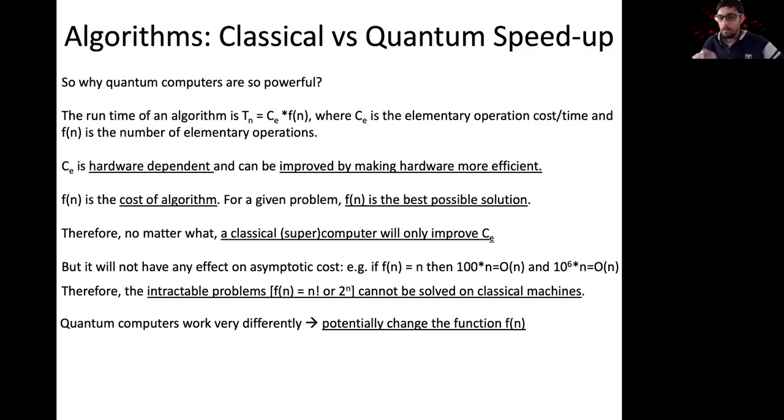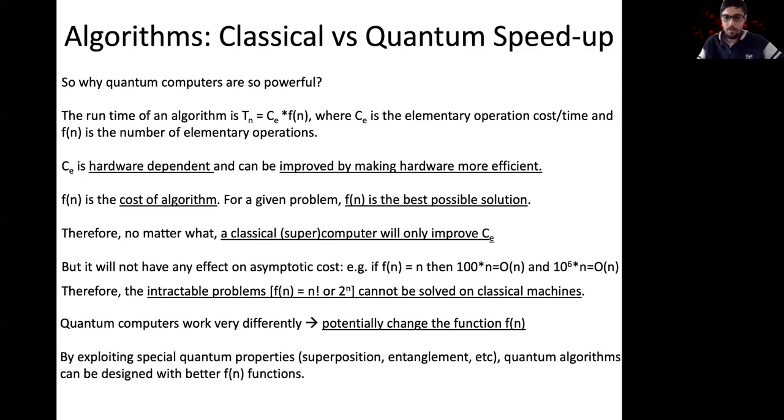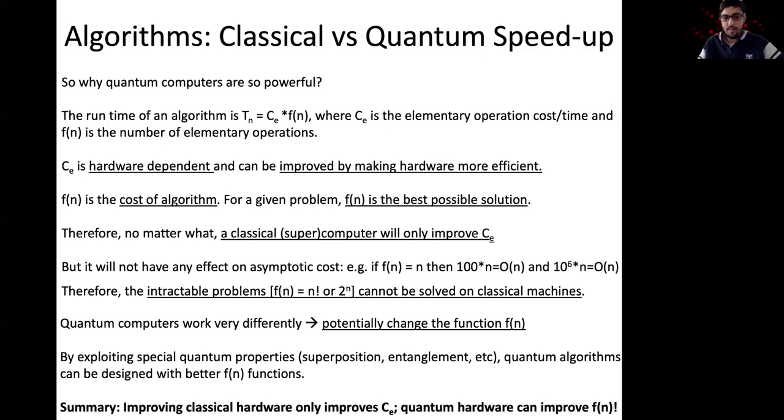And that will make the intractable problem probably solvable on a quantum computer. So by exploiting special quantum properties, entanglement and superposition, you can design better F(n) functions, and that's why quantum computers are so powerful, because they provide you a way of solving highly computationally intensive problems.